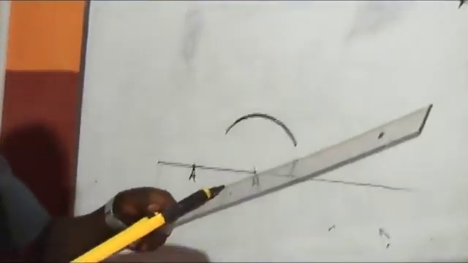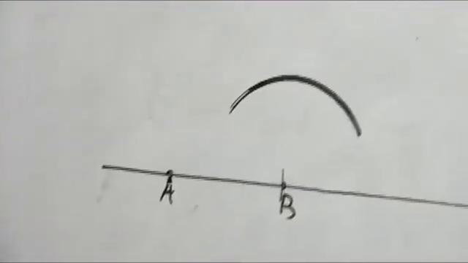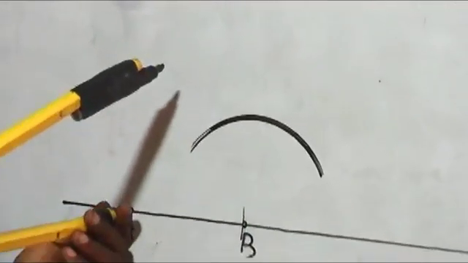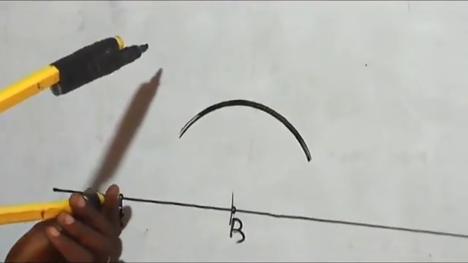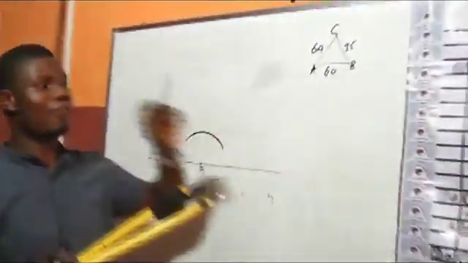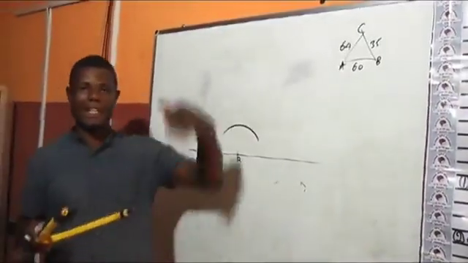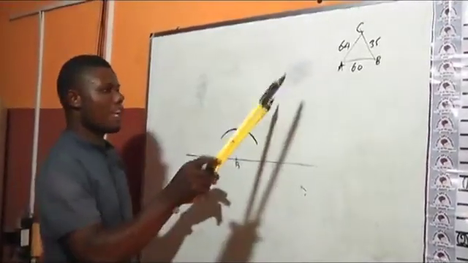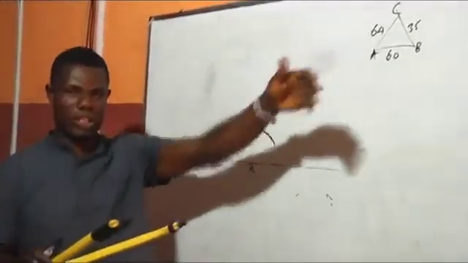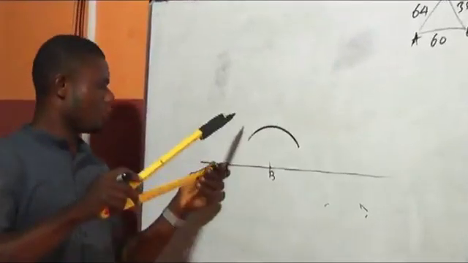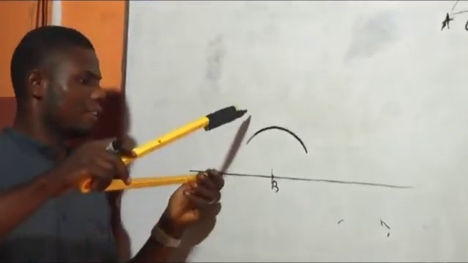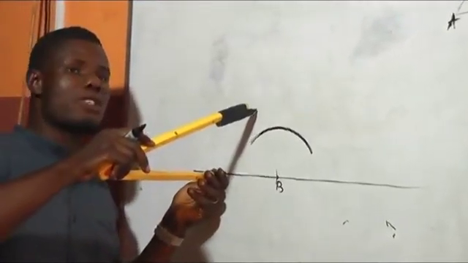When you've done that, you drop your ruler, then transfer that measurement to what you are doing on the board. You place it at A. Remember, we are starting with this AC, so you start from A. You always start from the first letter to the other one. So when we have AC, you start from A and go to C. You place it here and cut that arc of C.